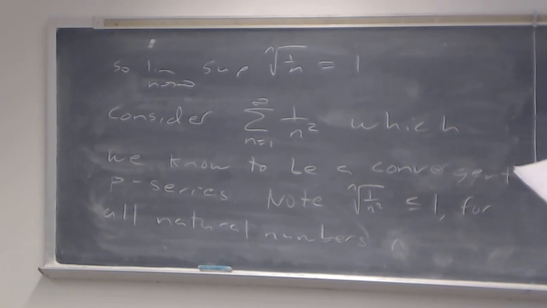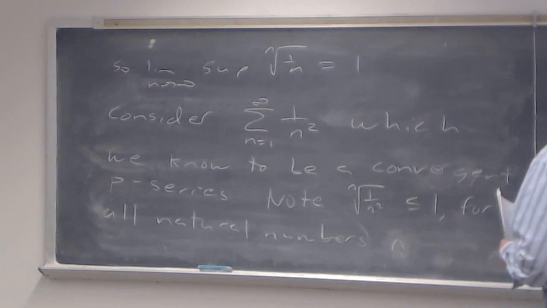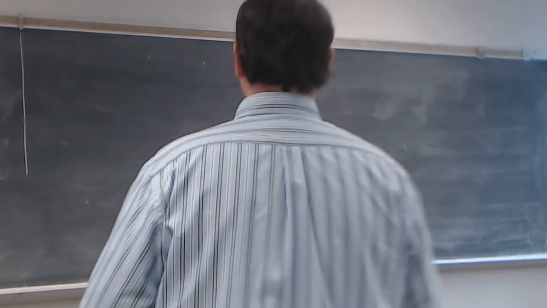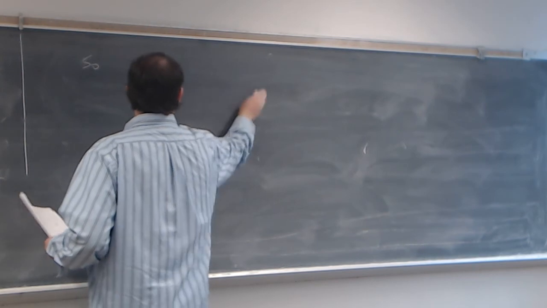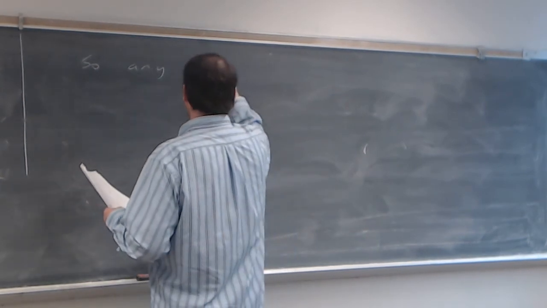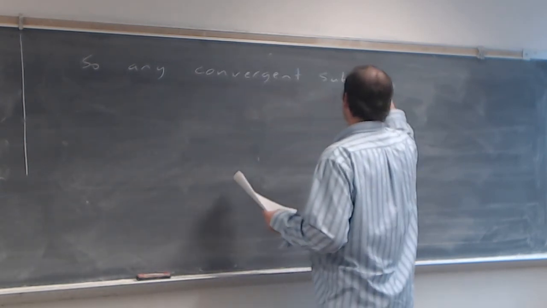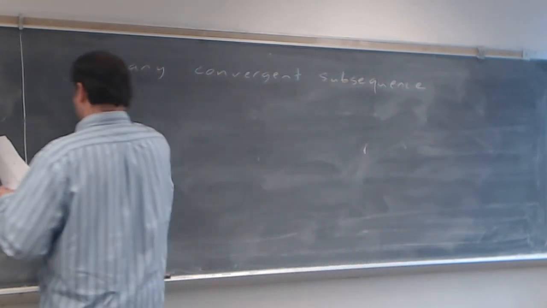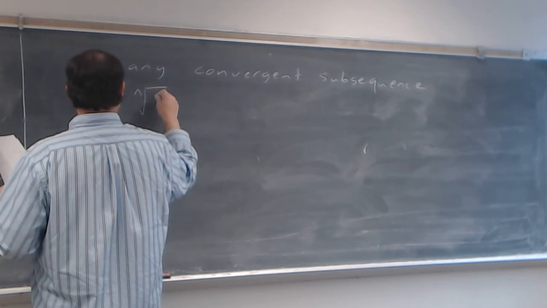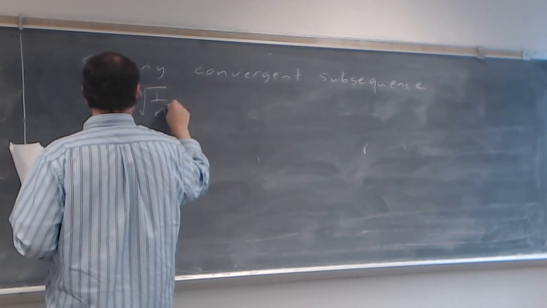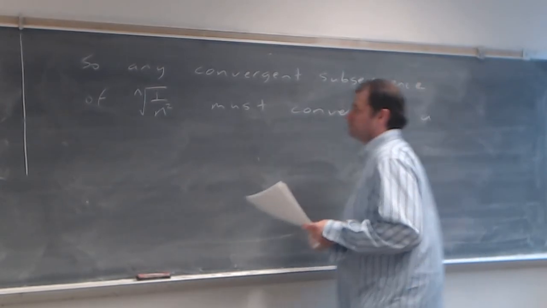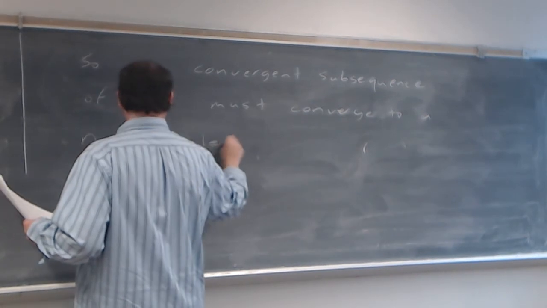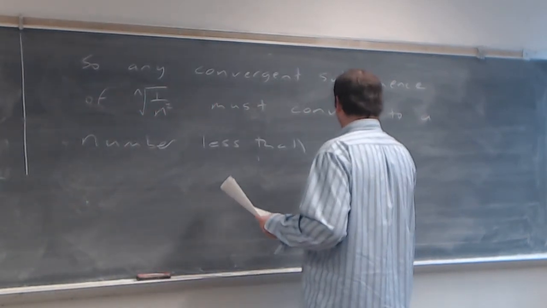And so here I'll make a similar statement: any convergent subsequence of the sequence, the nth root of 1 over n squared, must converge to a number less than or equal to 1.